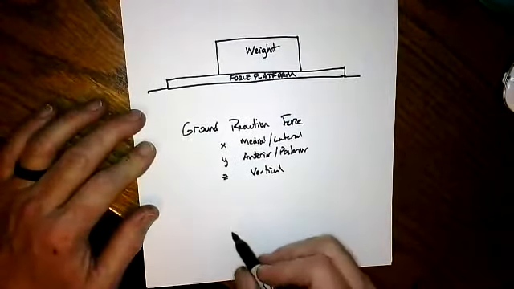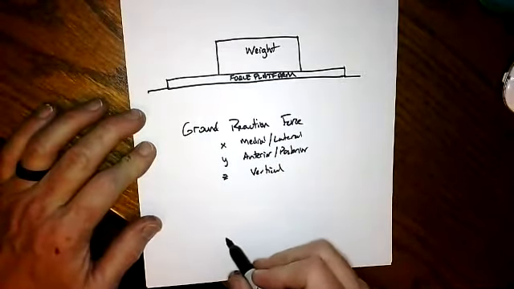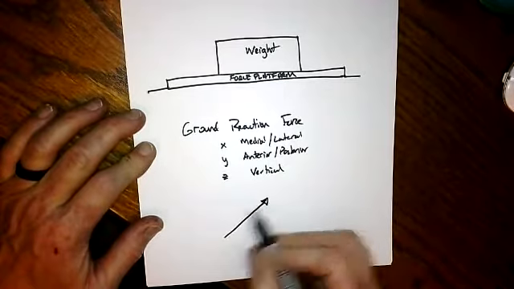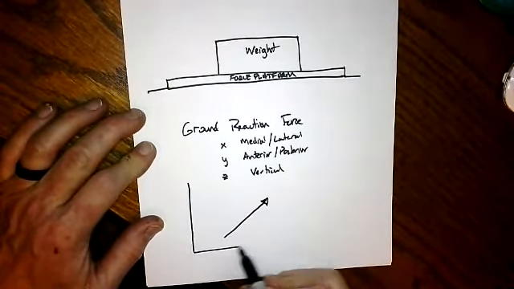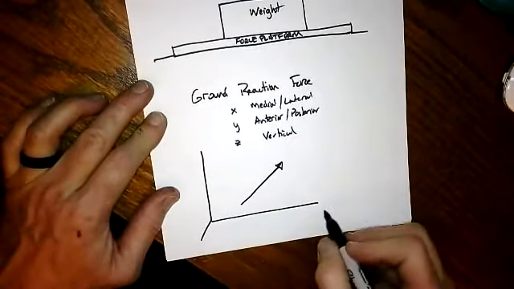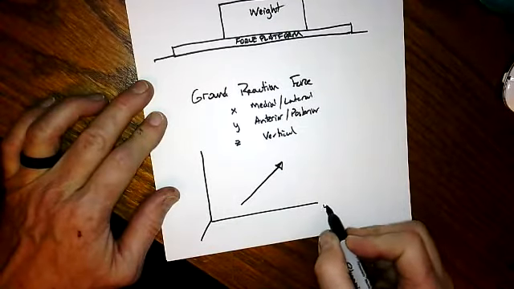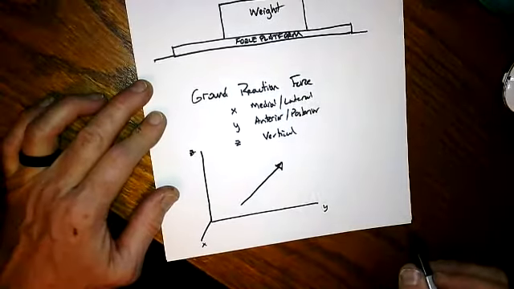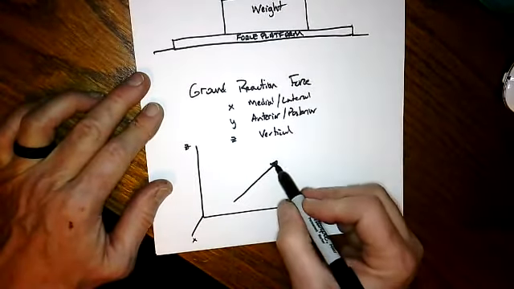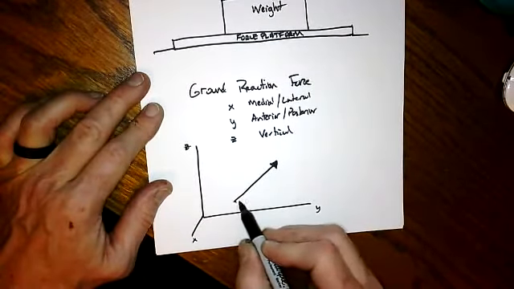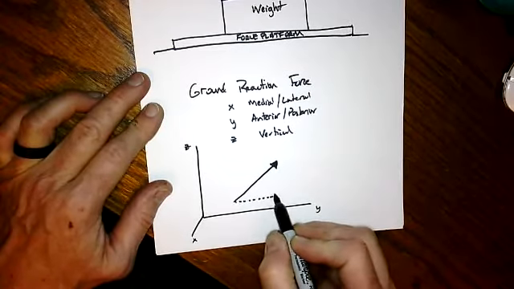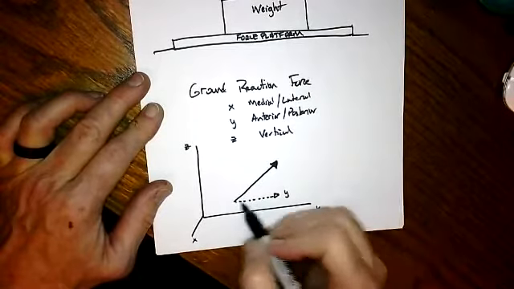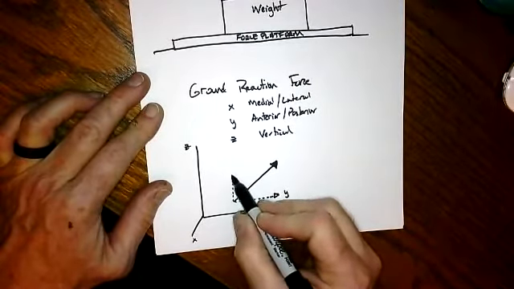All right, and if I drew this, I would draw the ground reaction force as a 3-dimensional arrow in a reference frame. And I would do Y, X, and Z, the way I've done this here. And then I would draw the different components of this force. I'm not very good at 3-dimensional drawing, but that would be the Y component of the ground reaction force.